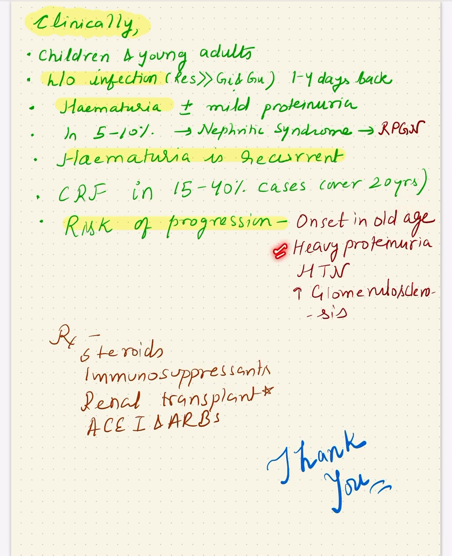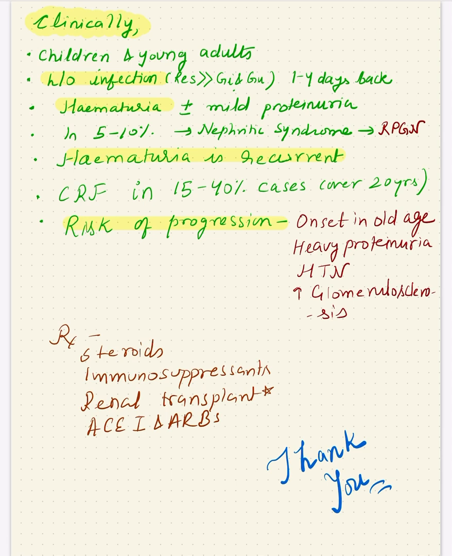Then heavy proteinuria, since usually it is mild proteinuria, but heavy proteinuria is associated with progression of the disease. Then hypertension and glomerulosclerosis. In the treatment, we give steroids and immunosuppressants since it has an autoimmune etiology, then renal transplant, and recurrence after renal transplant is also common. ACE inhibitors and angiotensin receptor blockers are used for the associated hypertension.